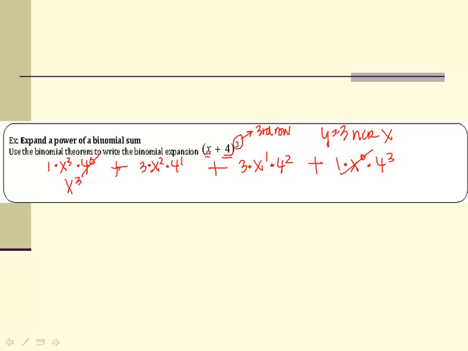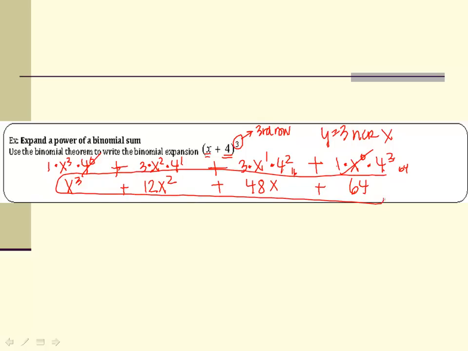Well, 4 to the first is 4, times 3 is 12 with an x squared. I put a plus sign between them. 4 squared is 16. 16 times 3 is 48, and I have an x to the first. I'm just going to write x. 4 cubed is 64. 64 times 1 is 64. I put a plus sign between them.